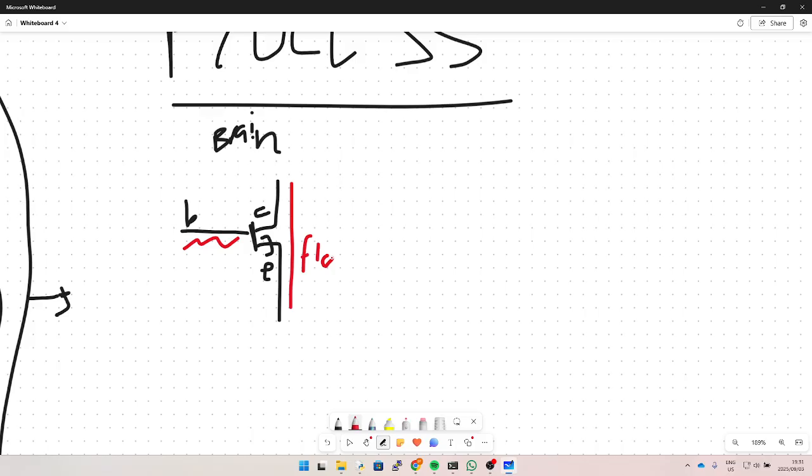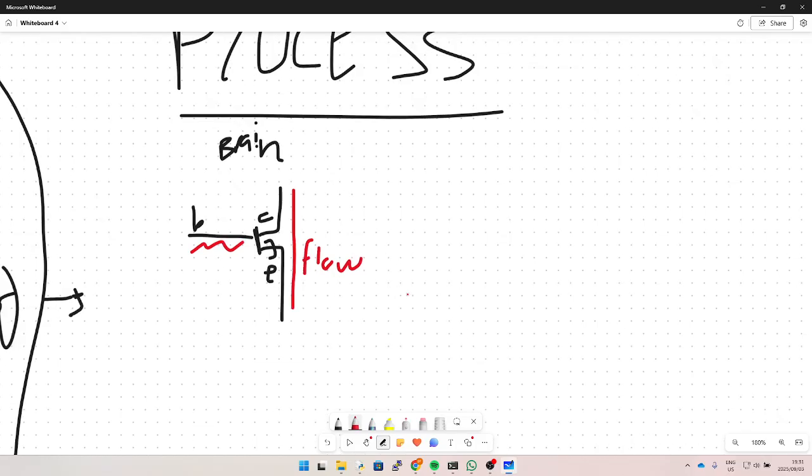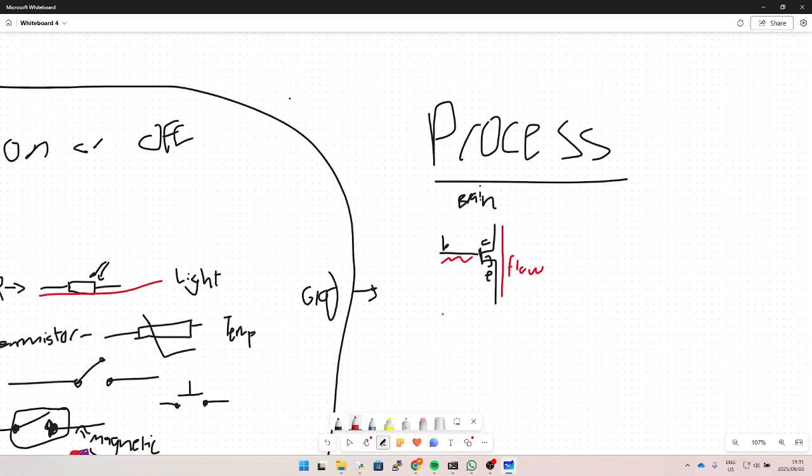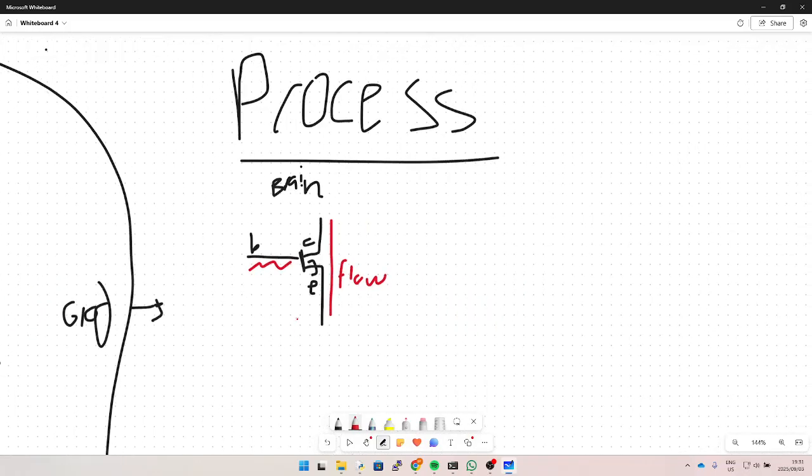Meaning instead of having a switch, you have a transistor. In your phone, you have about 6 billion of these in your processor alone. 6 billion of these small things that do logic for you.